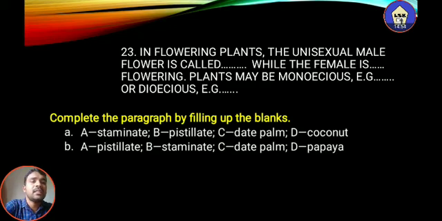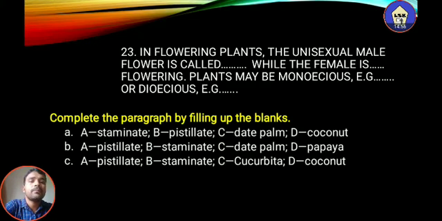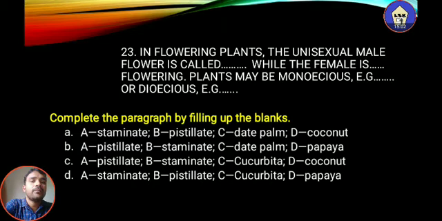B staminate, C date palm, D papaya. Option C: A pistillate, B staminate, C cucurbita, D coconut. And option D: A staminate, B pistillate, C cucurbita, D papaya.